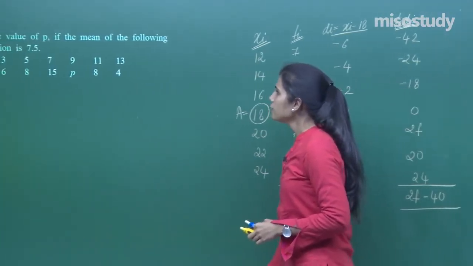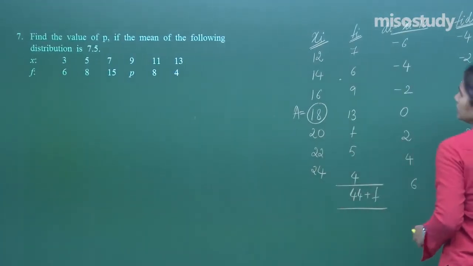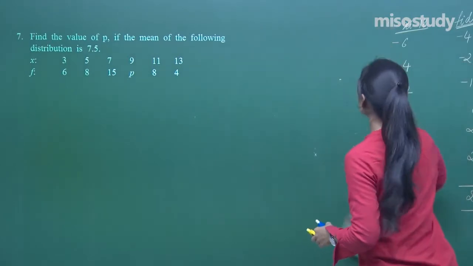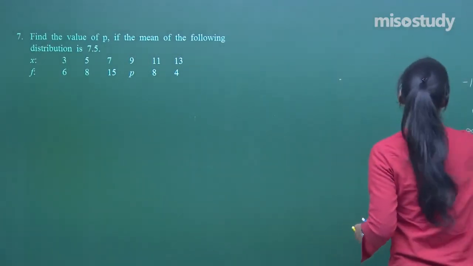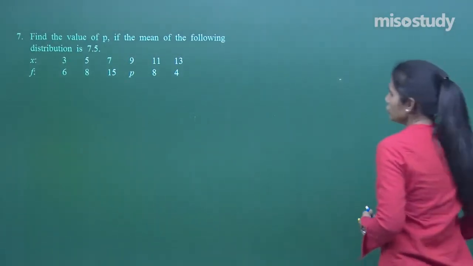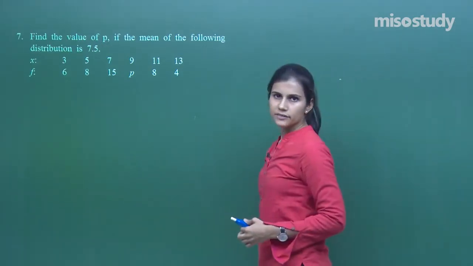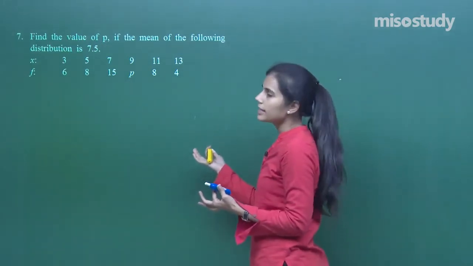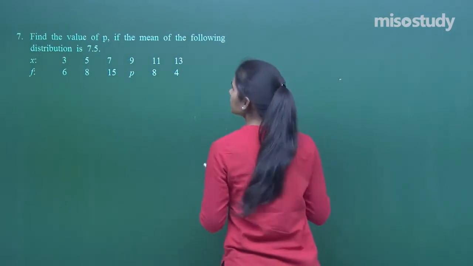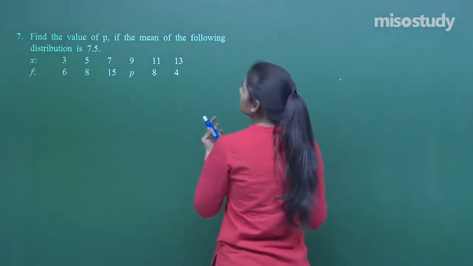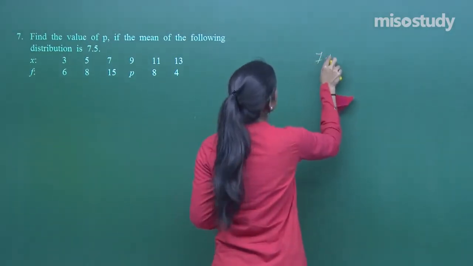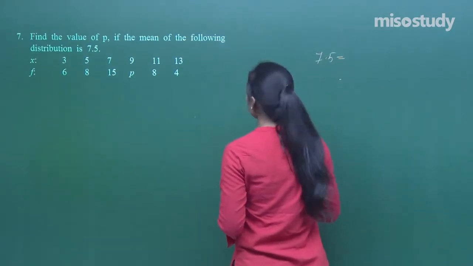It says find the value of p if the mean of the following distribution is 7.5. Okay. So xi's are given to you, fi's are given to you, small values are there. Let's just go by the direct method. Find the value of p if the mean is 7.5. So mean is summation fi xi.